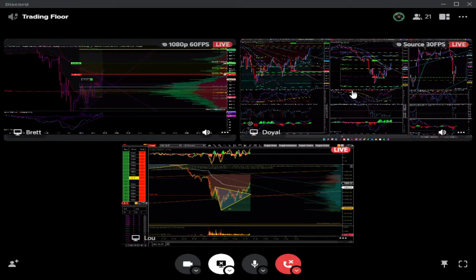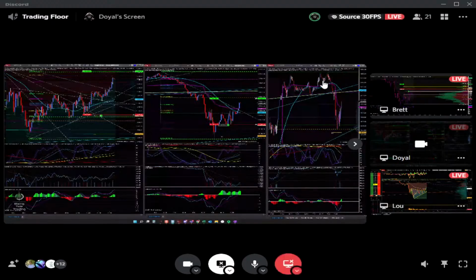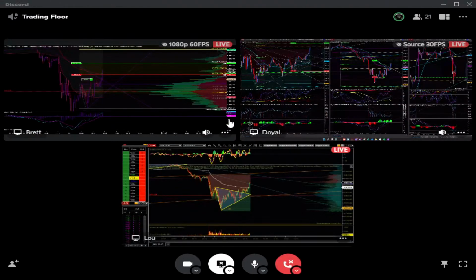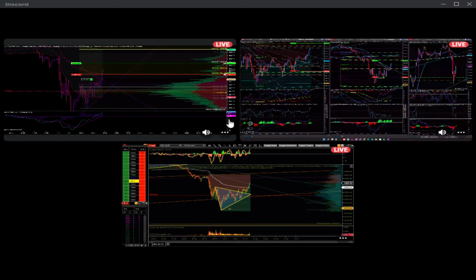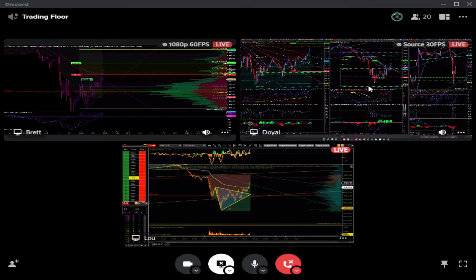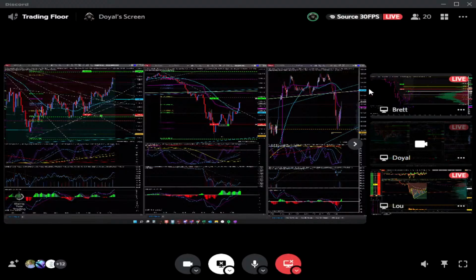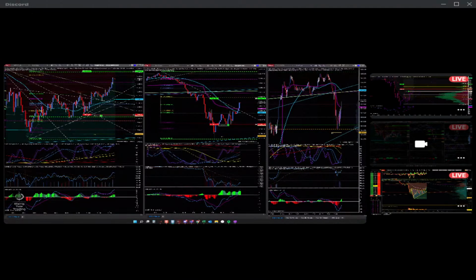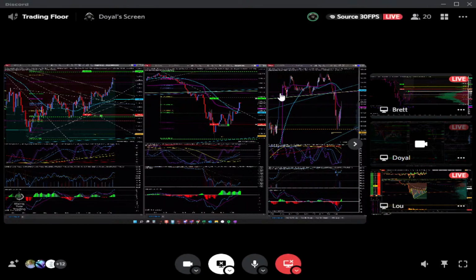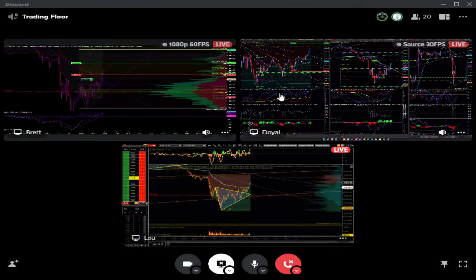If you are connecting to Discord via mobile, you can pinch and zoom there. But on the PC versions, I'm not aware of how you can do that. Yeah, me neither.